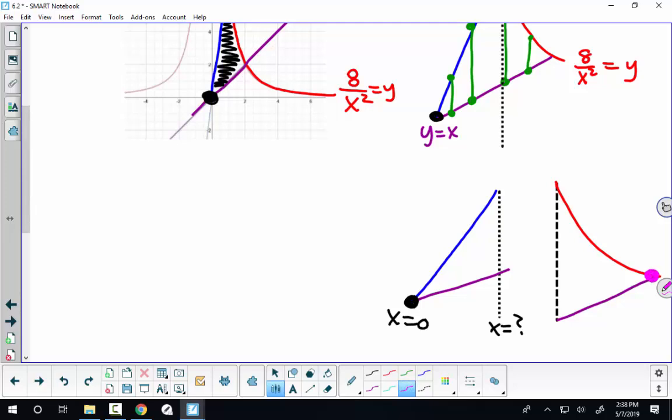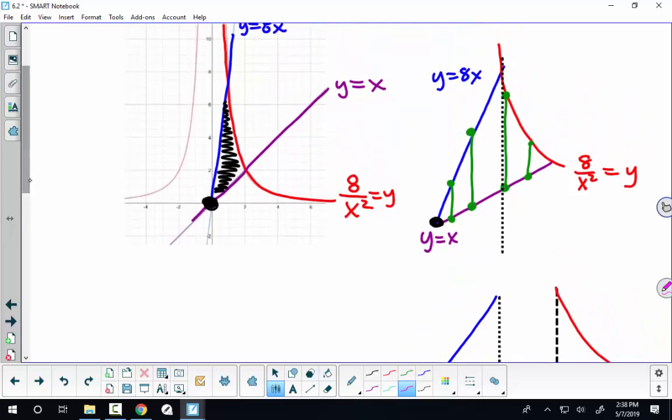This point over here is x equal to what? So let me do this one in this color. x equals what there corresponds to that point. And x equals what here corresponds to that point. So you've got to find those two points, otherwise you won't have the correct area.